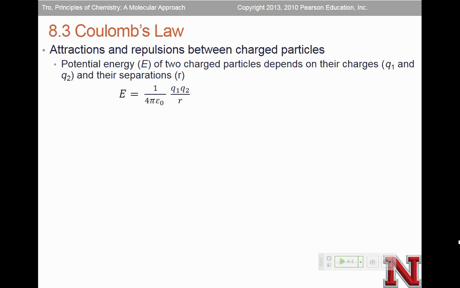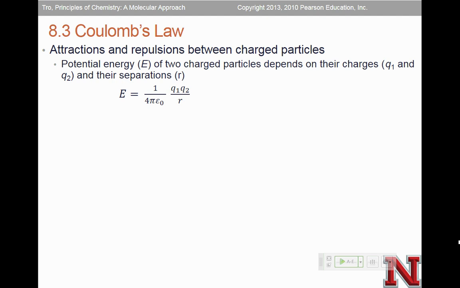Their charges, if we're looking at, let's say, two electrons, electron 1 and electron 2. If we're trying to figure out our potential energy, then we need to look at the charges of electron 1 and electron 2. And then second, we need to look at how far apart they are from each other in space.